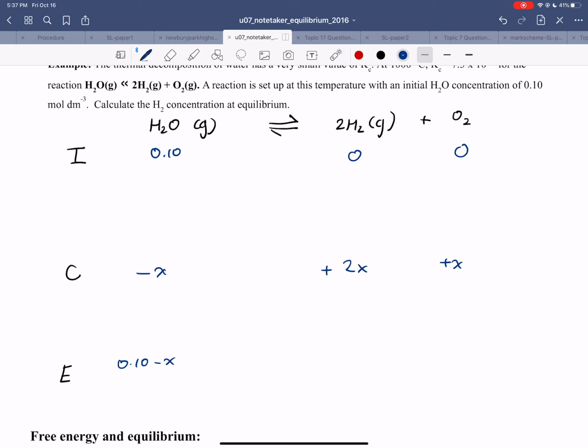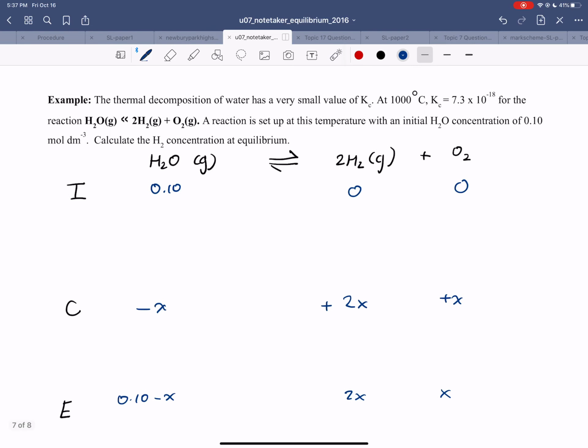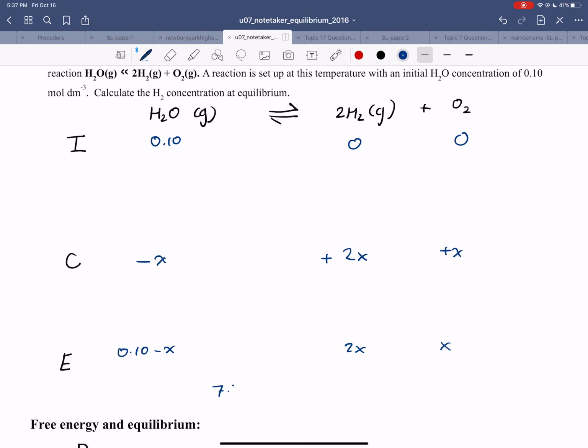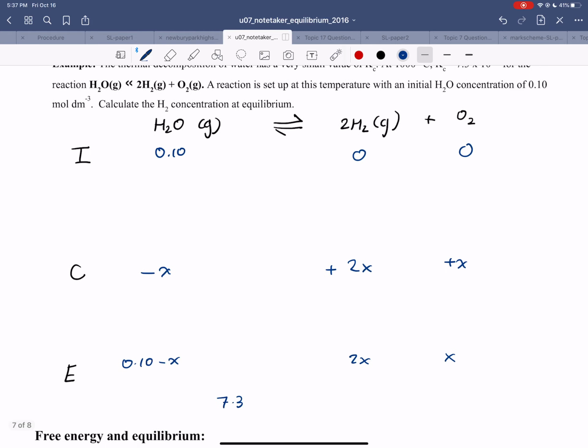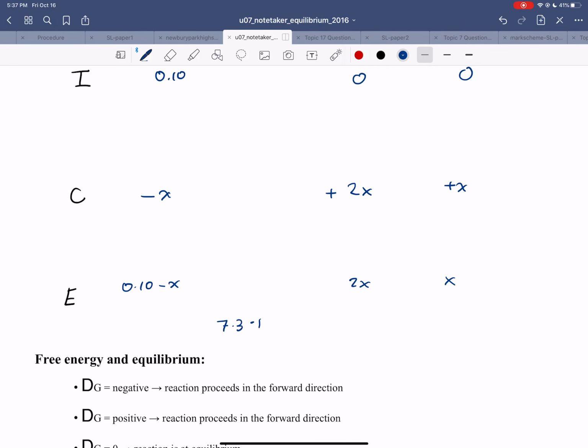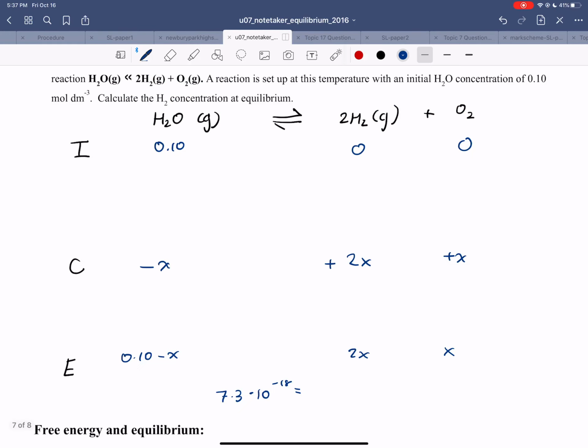And then we have 2x and x, in which case Kc, or 7.3 times 10 to the negative 18, is equal to this times this times this, or 2x squared times x, all over 0.1 minus x.